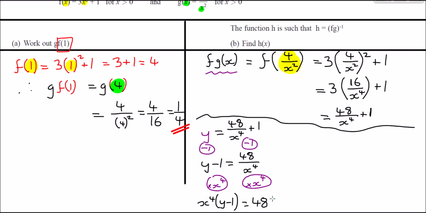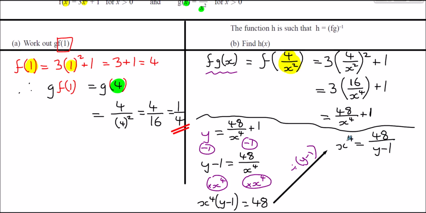Then as a final step, I can now divide both sides of this by the bracket y minus 1. So if I divide everything by y minus 1, I'll get that x to the power 4 equals 48 over y minus 1.